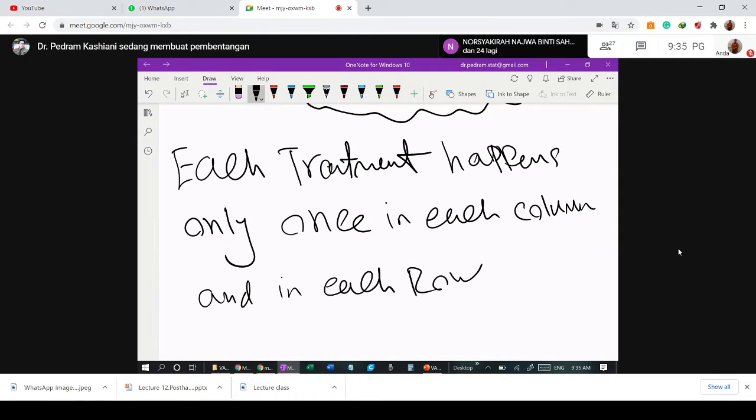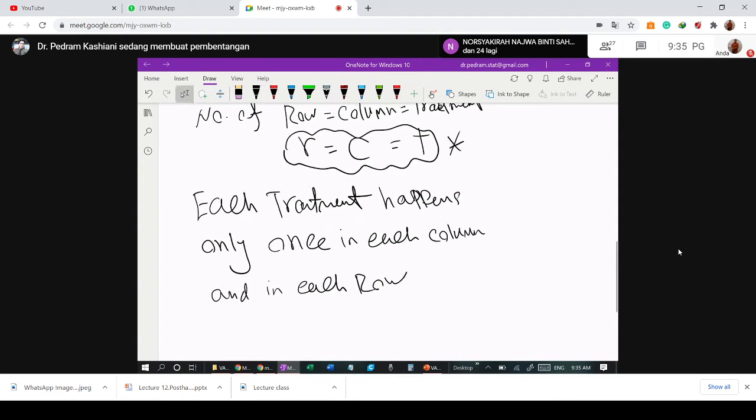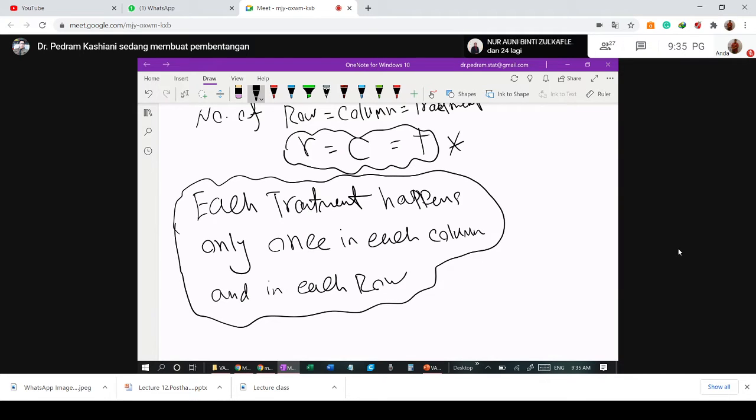These are the 2 things you need to remember about this Latin square. First, the number of rows, columns, and treatments should be equal. And second, each treatment happens only 1 time in each column and in each row.